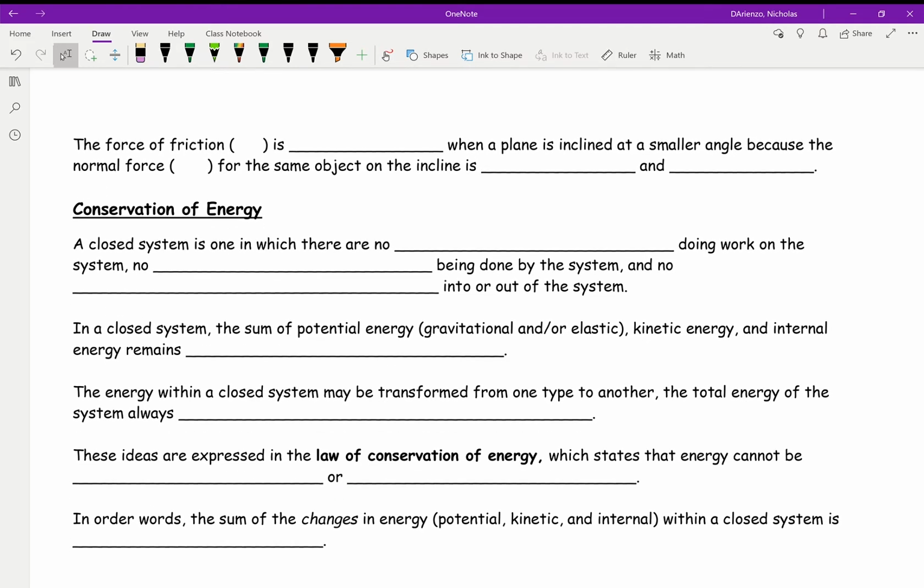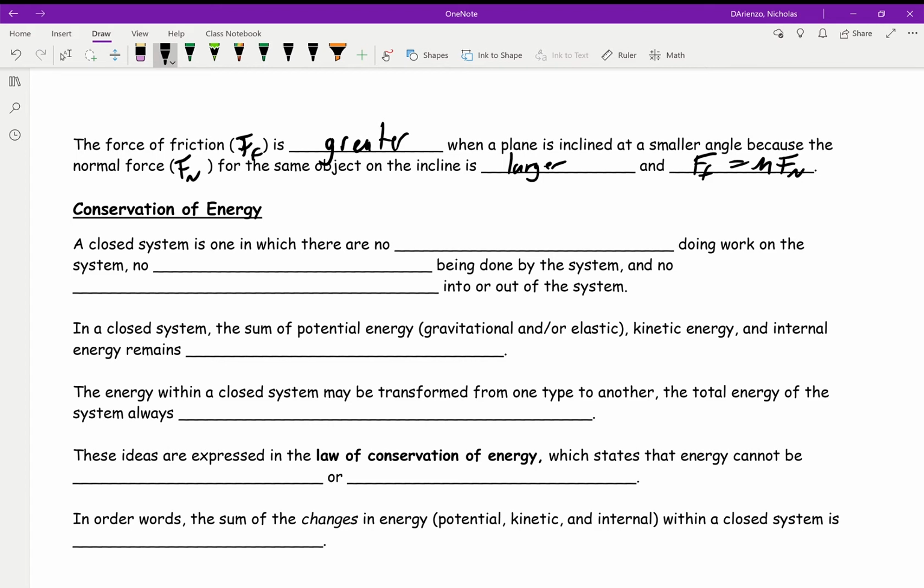Now the force of friction, which we abbreviate F sub F, is going to be greater when the plane or the ramp is inclined at a smaller angle, because the normal force for the same object on the incline is larger, and the force of friction is equal to mu times the normal force.